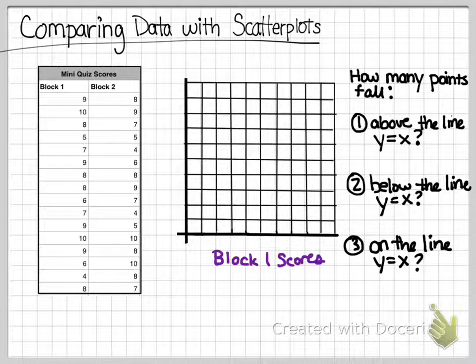And then on the y-axis, I use my second column here, the block 2 scores. Once we've labeled our axes, we'll also give this a title. I'm just going to call this the mini quiz comparison.